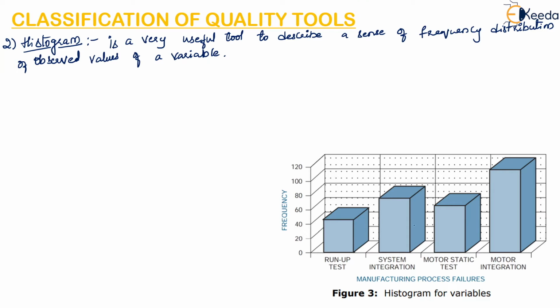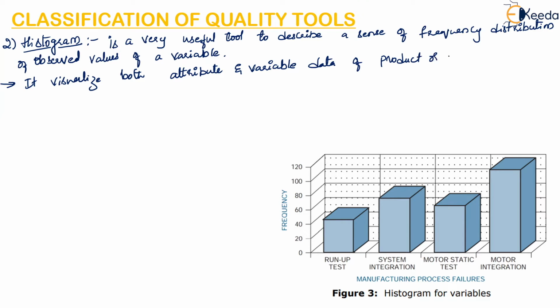It is a type of bar chart which visualizes both the variable and the attribute data of a product or process.